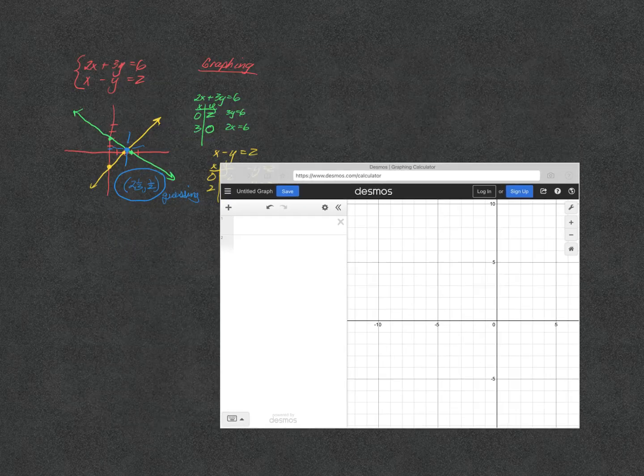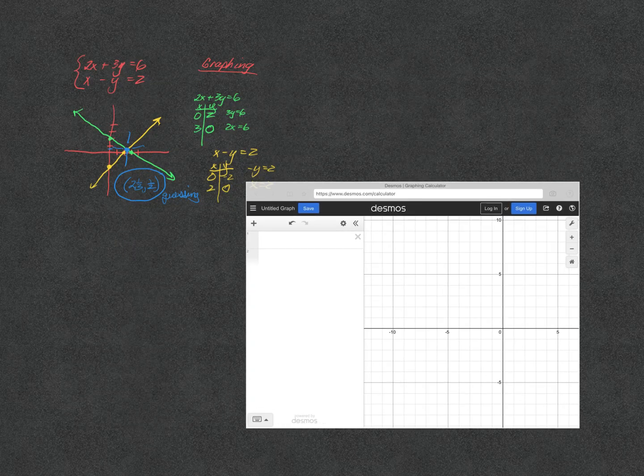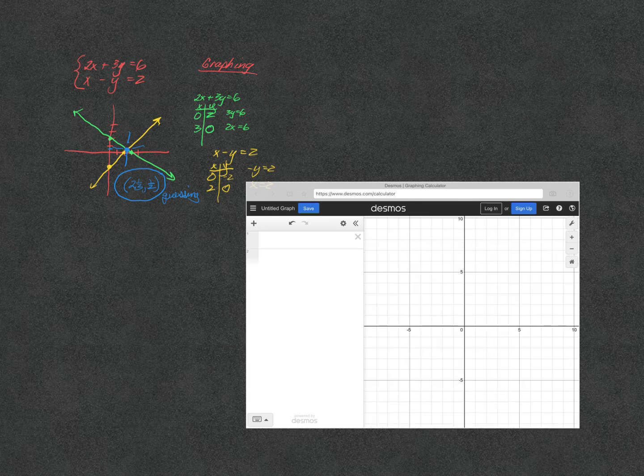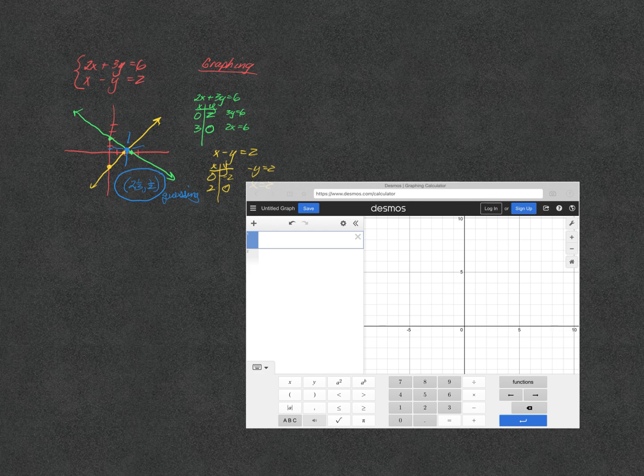This is the Desmos graphing calculator. What I can do is graph these lines, so I can enter them just as they are. So 2x plus 3y equals 6, and there's that line. That matches our green line.